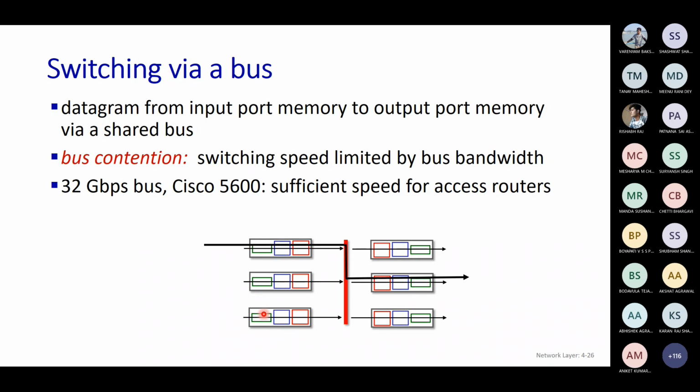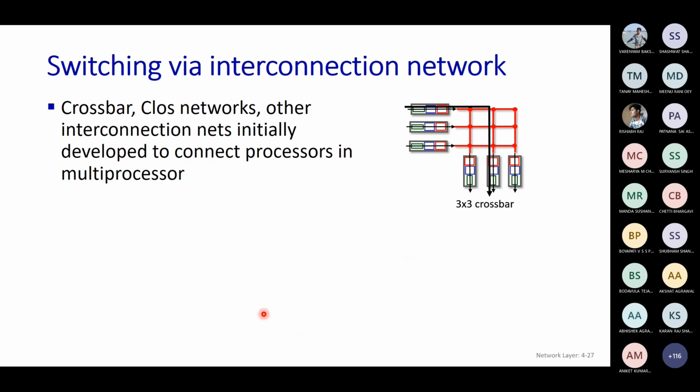So bus contention was a challenge, and on top of that, whatever the bus bandwidth is, the switching speed will be limited by that. So this is one problem that we were having with shared bus concepts.